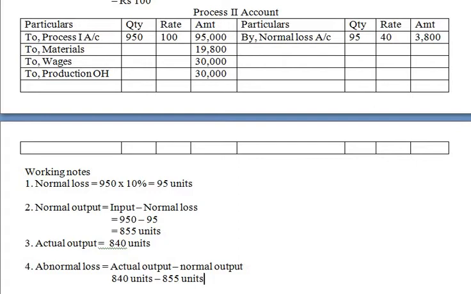So here there is abnormal loss of 15 units. So abnormal loss we are going to show it on the credit side of the process account.